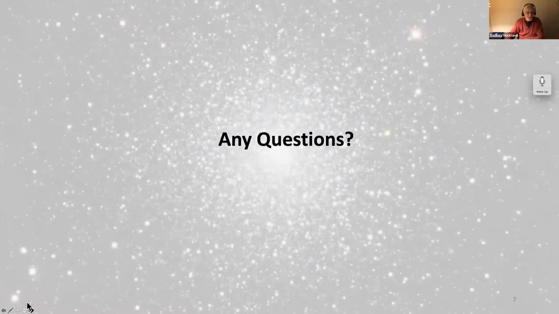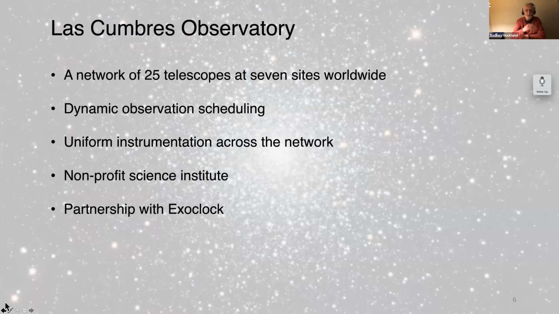So Las Cumbres is a network of 25 telescopes at 7 sites worldwide. So they have a pretty good longitude coverage, I'm sure. And they go in for these very long duration transits and presumably other sorts of events, handing over from one telescope to another one at a different longitude.